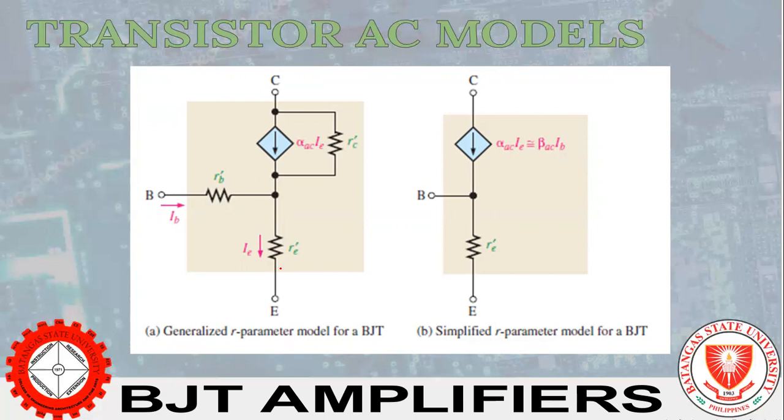Okay? Ito pala, nandito yung ating mga models. This rc prime, rb prime, and re prime. We have the alpha AC and beta AC, IB here. Okay? So, simple lang yung re prime natin.